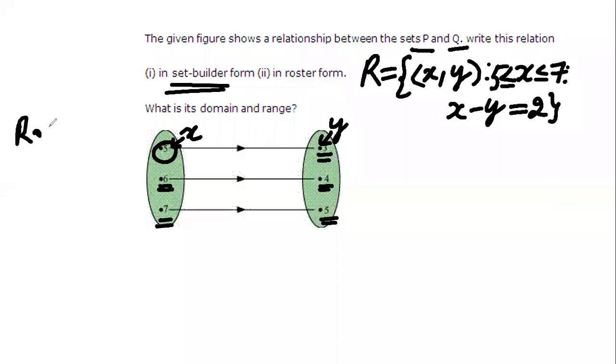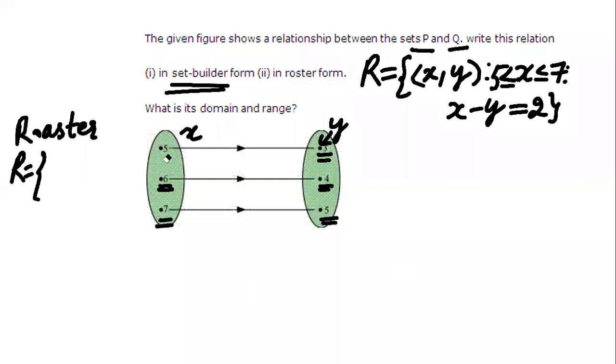Next is roster form. Anyone from your side? What is the roster form here? What will be the roster form? Komal. Komal is there? Yes, ma'am. Tell me what will be the roster form here, beta?